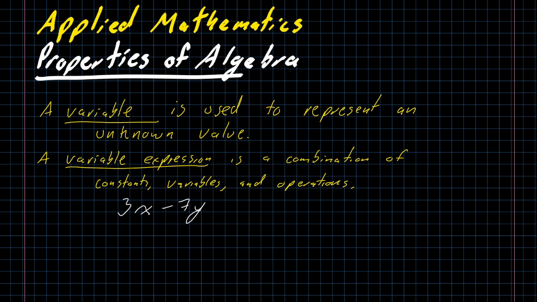I want you to think about variables as units of measure. Right? 3x minus 7y, I want you in your head to treat the same way you would treat something like 3 feet minus 7 ounces.